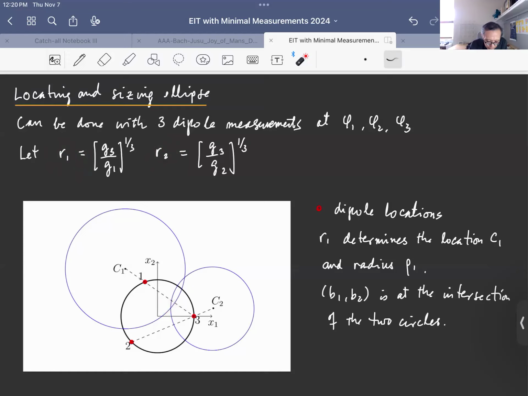So it is like a triangulation, but in a kind of weird geometry that is dictated by the background field, basically. So you can easily locate the center, and once you have the center, you can easily back out the area.